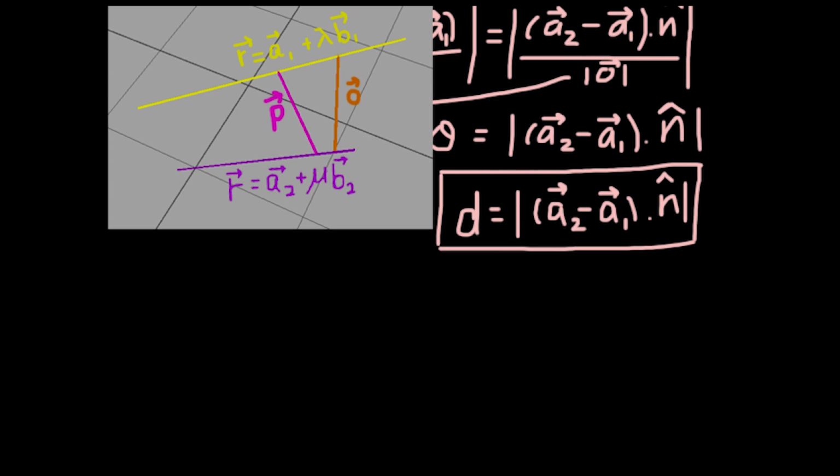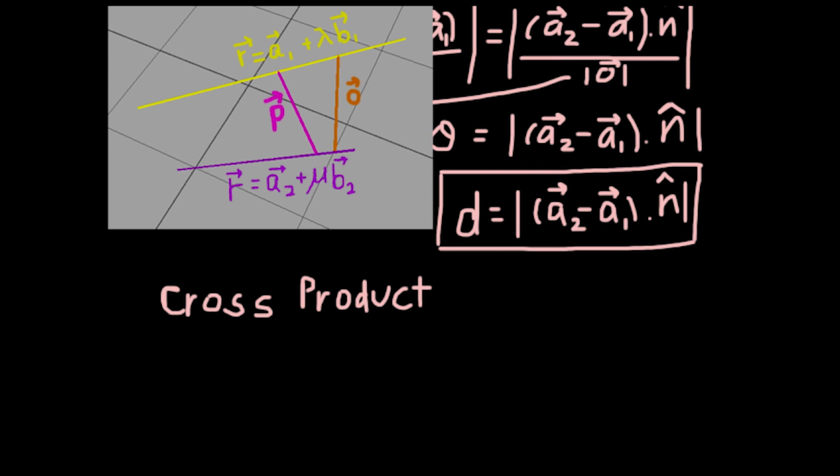Now let's try to find N. We can find that vector by taking a simple cross product. The direction vector for L1, as we know from the equation of a line, is B1, and the direction vector for L2 is B2.